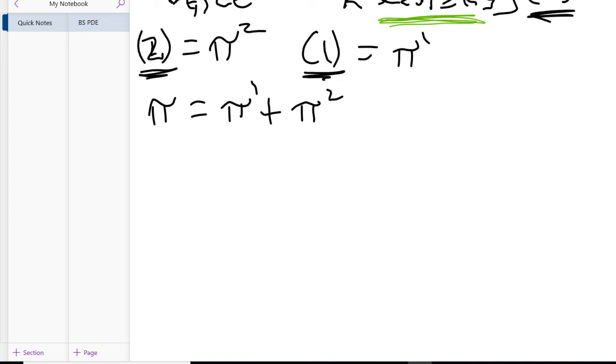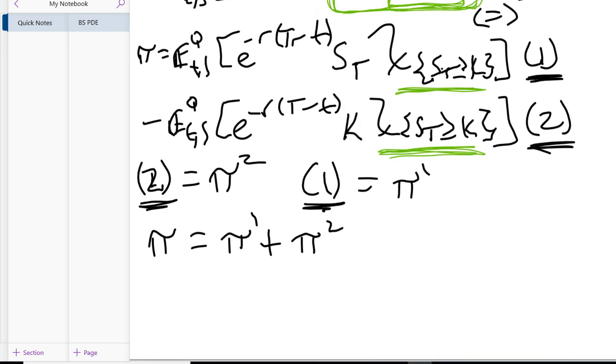So moving ahead with the pi 2, so that basically starts from right here. K is unconditional, right? It's a fixed amount. So really what we have here is a cash or nothing, a binary option.